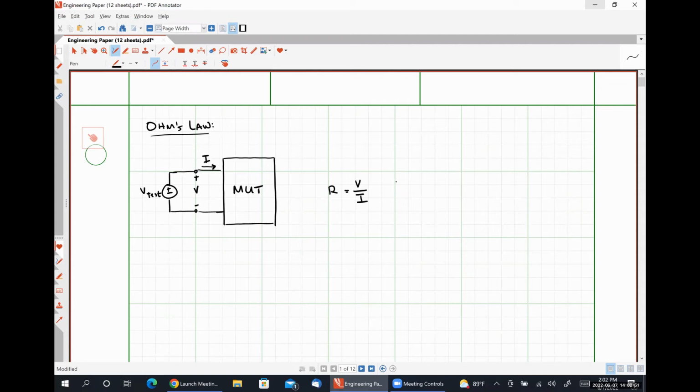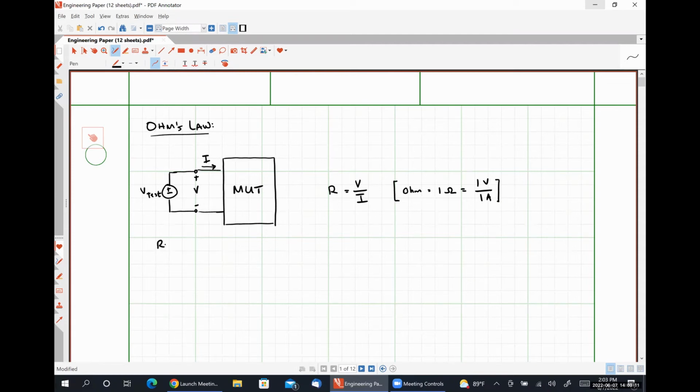Resistance R has units of ohms, where 1 ohm is equal to 1 volt per 1 amp.